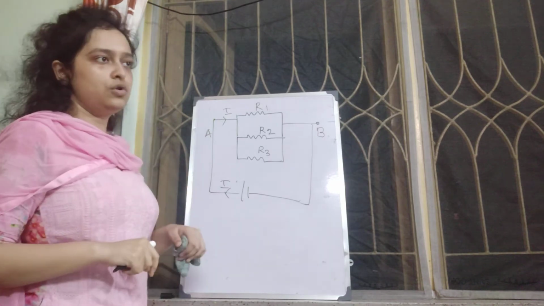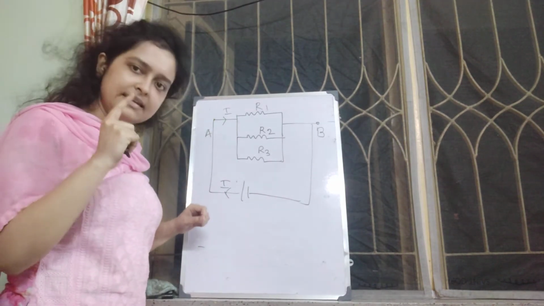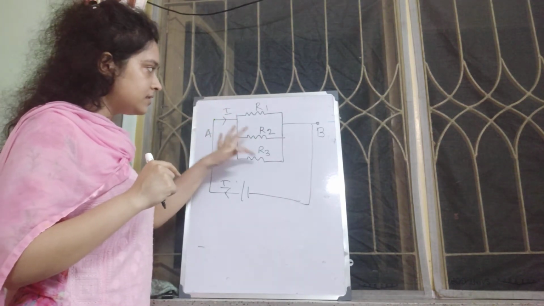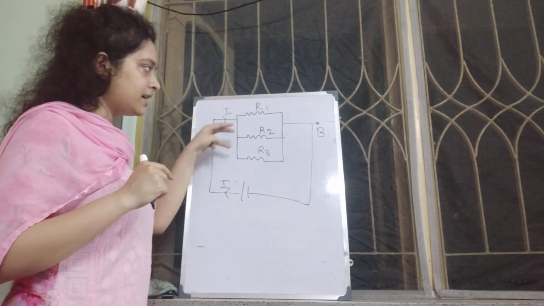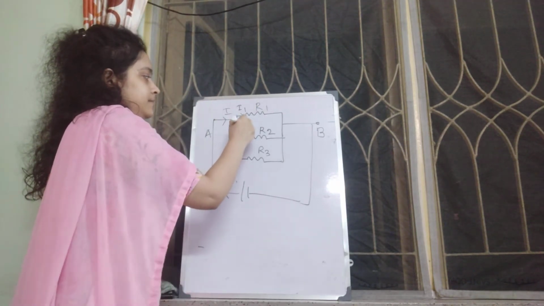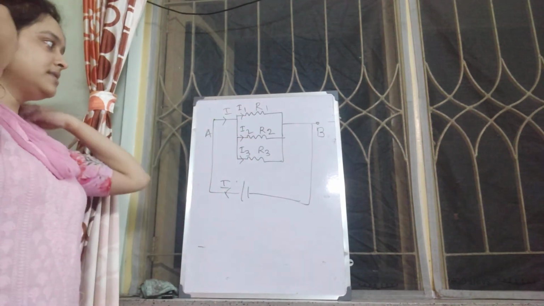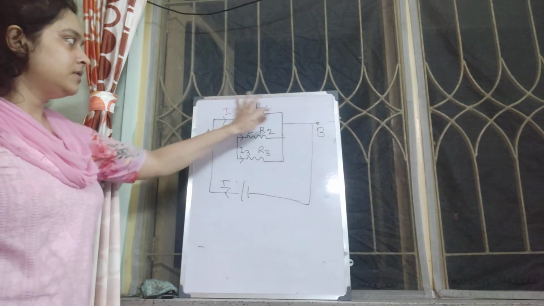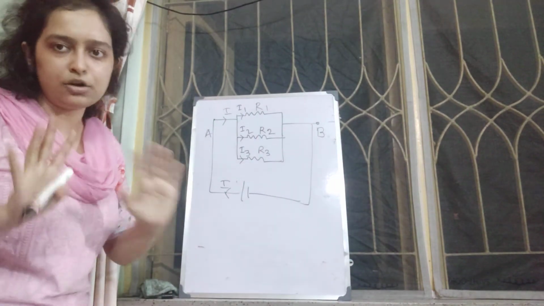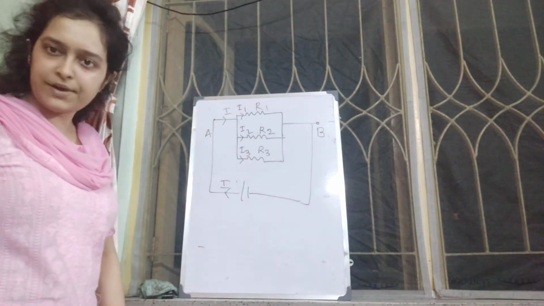Now what will it do? Is there only one path for the current to follow? Current can flow through this or through this or through this. There are 3 different paths for the current to follow. Current gets distributed and flows through the resistances, because the same current cannot flow through all the 3 resistances at the same time, right?